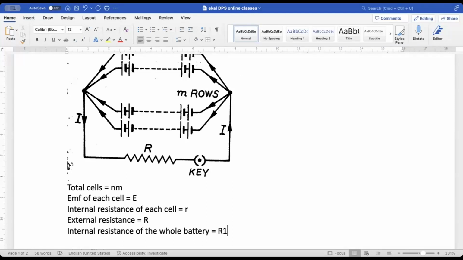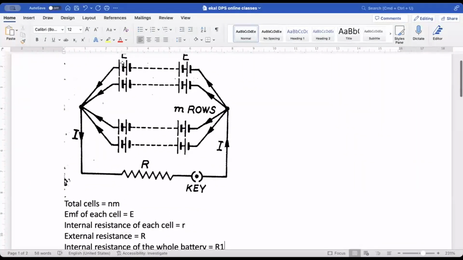Now all the series are in parallel. Each series has n number of cells, and there are m number of series in which these cells are present.